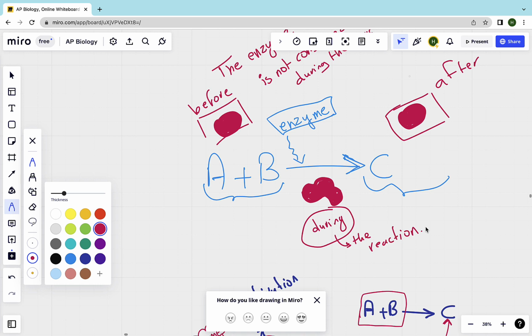So, imagine this enzyme wants to break down two substrates that are together. So, this enzyme is allowing hydrolysis to take place, or breaking down to take place. This is one substance, this is another substance. I cannot break down these two substances without an enzyme. This is the enzyme.